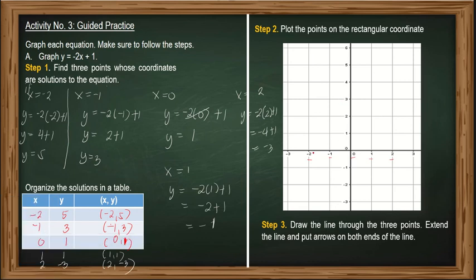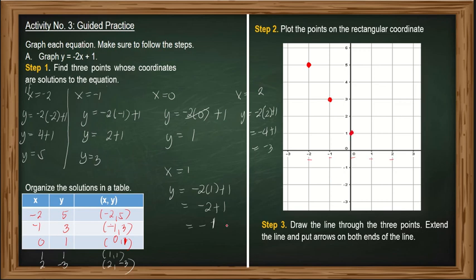We have -2, +5. Okay, +5 is found here, so it's found on the second quadrant. Then we have -1, +3. Then we have 0, 1.